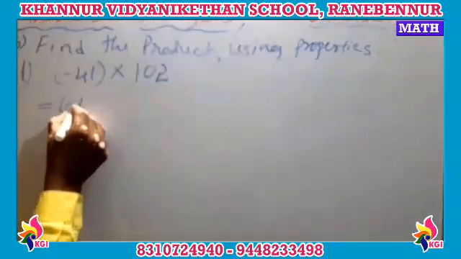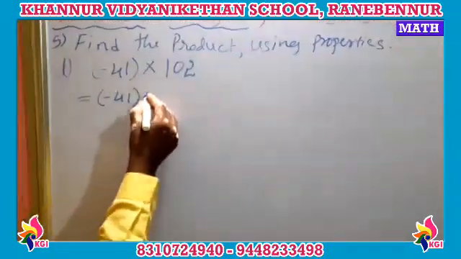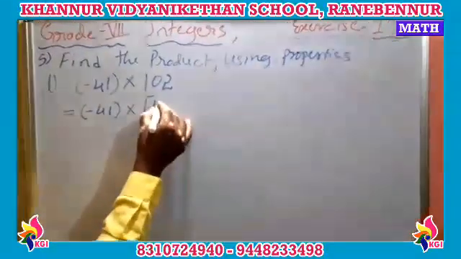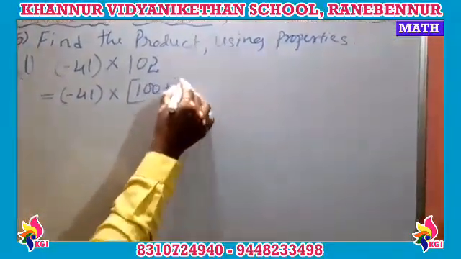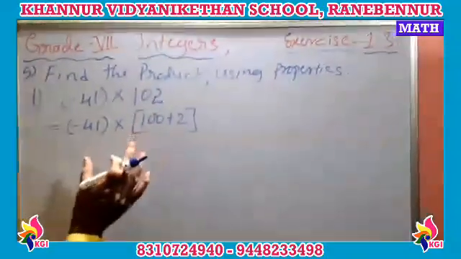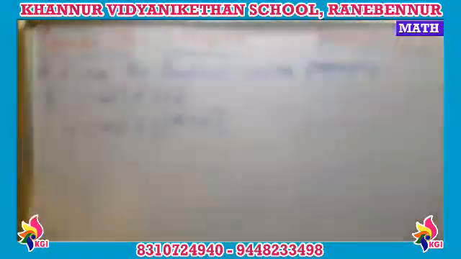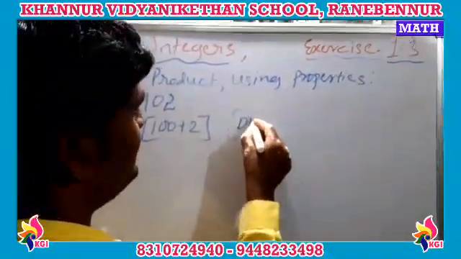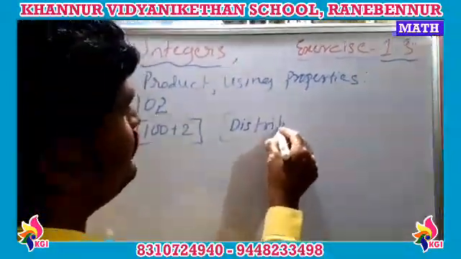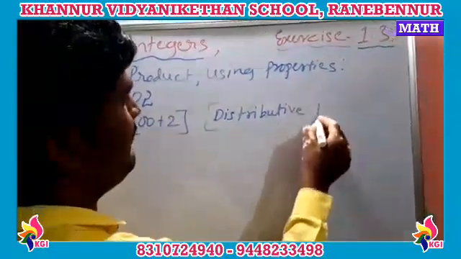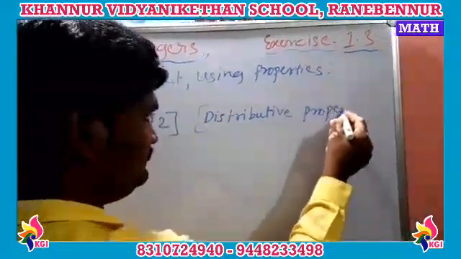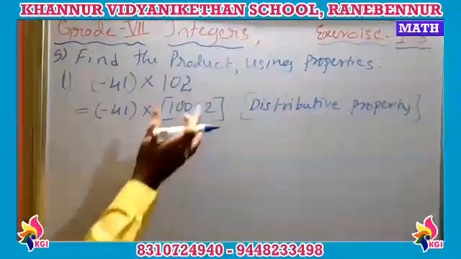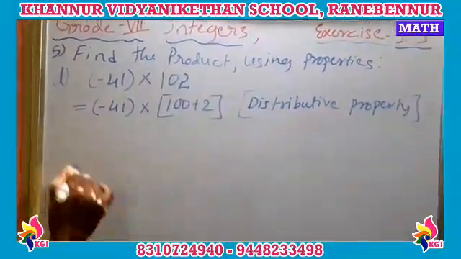I write minus 41 as it is, into this 102, which becomes 100 plus 2. If I write like this, I remember one of the properties, that is the distributive property. I mention it here: distributive property. The distributive property says that we have to multiply with each term completely.